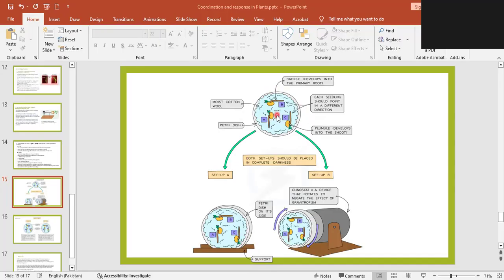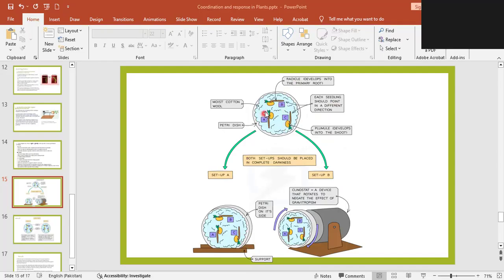The cotton wool is moist, so we can provide water to it. When the seed is germinating, the shoot part is known as the plumule, and the root part is known as the radicle.